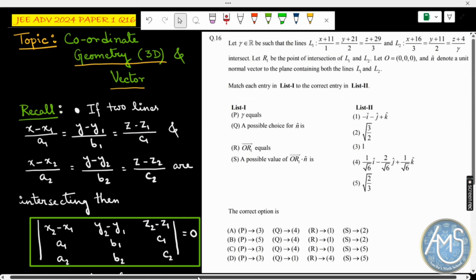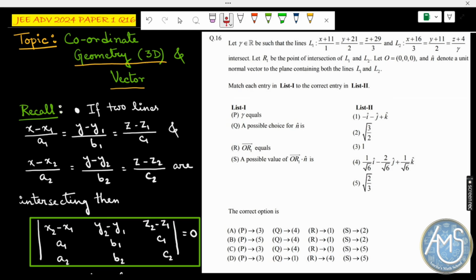So let's solve it. First we will use the concept that the lines L1 and L2 are intersecting. If we use this condition, that means the determinant, then only we will get the value of gamma.